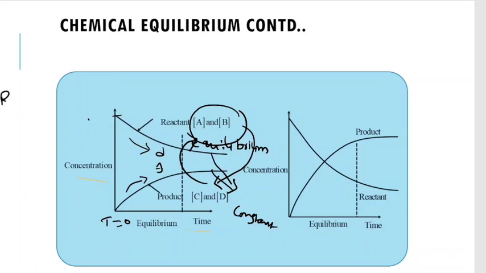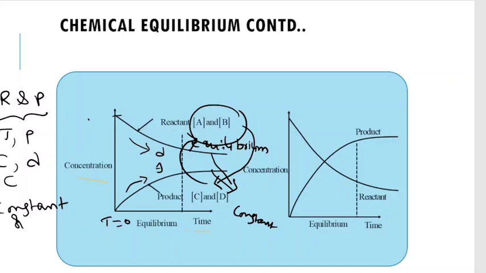If we consider both reactants and products, parameters like temperature, pressure, concentration, density, and color of both reactants and products became constant, and you can say that there is no change in the values of concentrations, temperature, pressure, color, intensity, density, etc. of either the reactants or products after a particular stage, and that particular stage is nothing but the equilibrium stage. Equilibrium, that is what chemical equilibrium is.